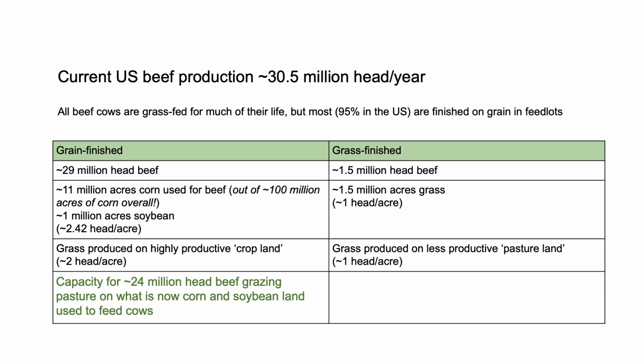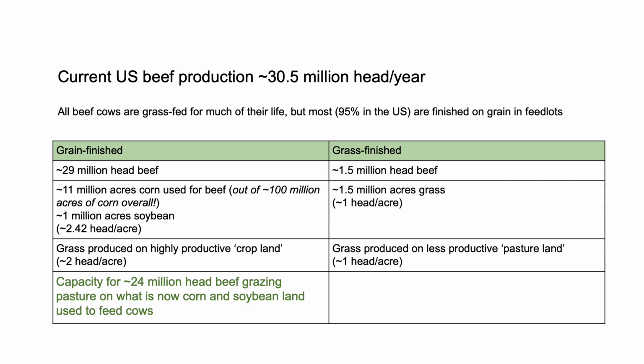But if we took all of that land out of corn and soybean production and put it into grass, which would give us all kinds of other ecosystem services that I've talked about in other lectures, then we could still produce almost as much beef on that same land that we do now.